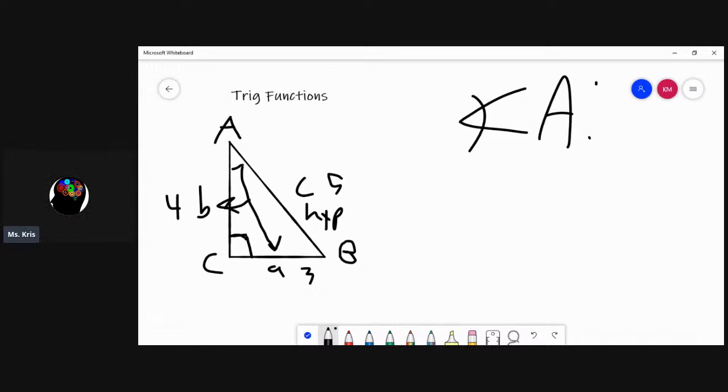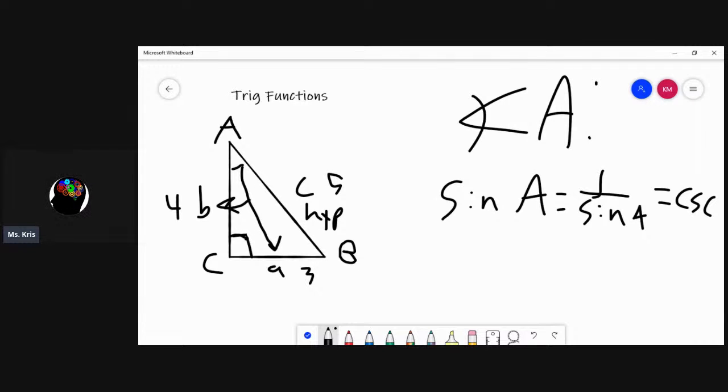So sine has an opposite flipped identity, which typically looks like 1 over sine A. This is called cosecant, which is denoted as CSC. So cosecant is hypotenuse over the opposite.